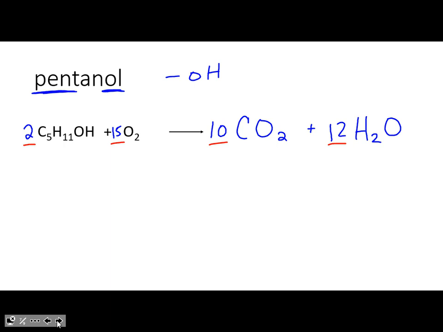Can I reduce these? What do you think? Can I reduce any of those? Not with that 15 in there, I can't. Okay? So, this is a balanced chemical equation.